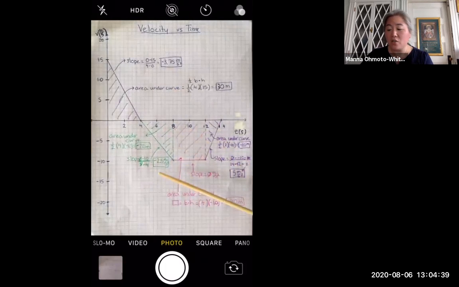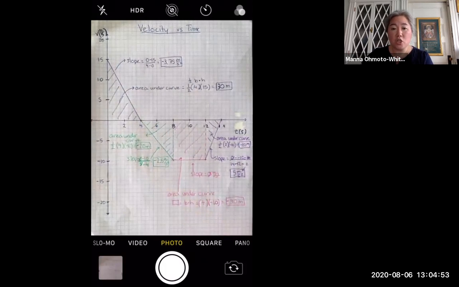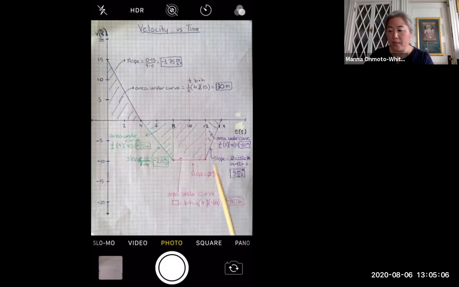Remember, the magnitude is just the absolute value. So 2.5 is less than 3.75. It's changing its rate of velocity less than here. Here I'm slowing down much more quickly than I'm speeding up here. The reason why these values are both negative is that I'm also including direction in that. Negative slope means I will have a negative acceleration.